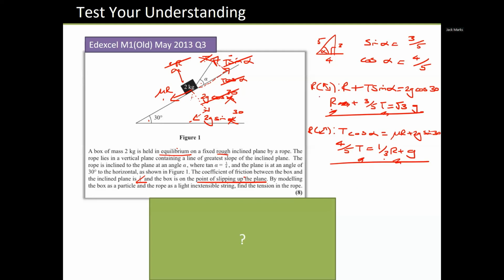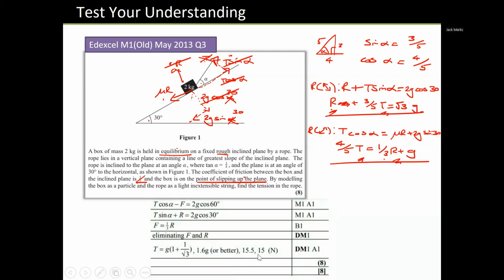Okay, and I'm finding the T value, so I don't need to find the R value. What I'm talking about there is eliminating F and R. So the simultaneous equation step is the same as that step there. And then you should end up with 15.5.